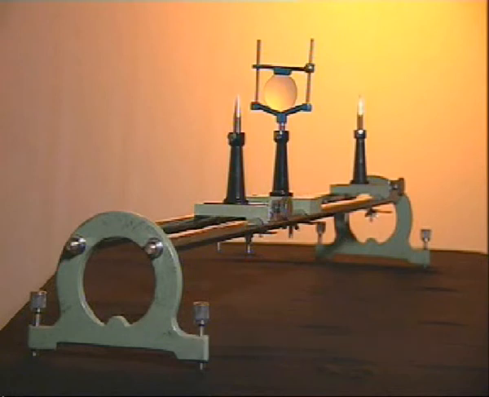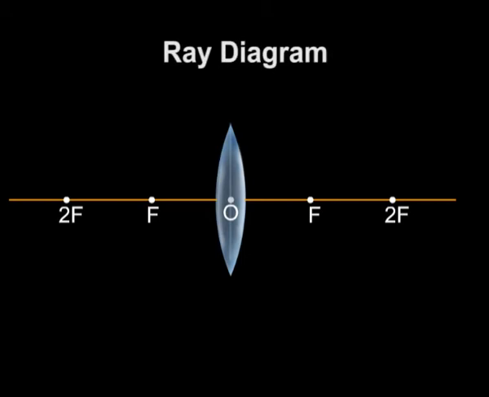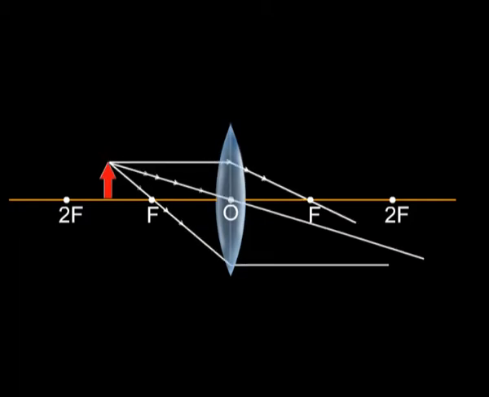Let us have a look at the ray diagram for this experiment. It shows a convex lens along with the positions of optical center, principal axis, and focal length. Real, magnified, and inverted image is formed when the object is placed between F and 2F.